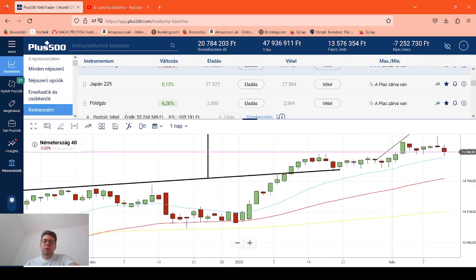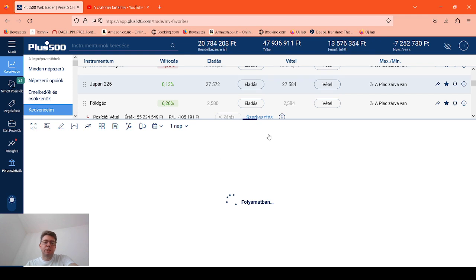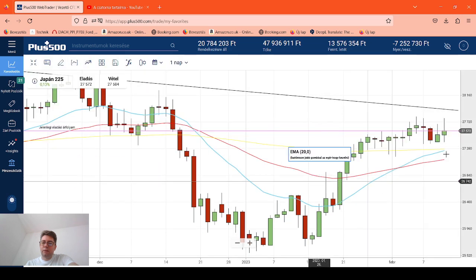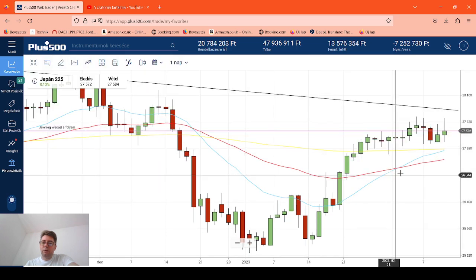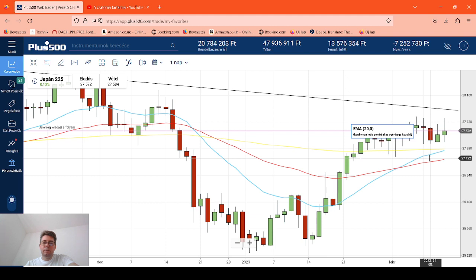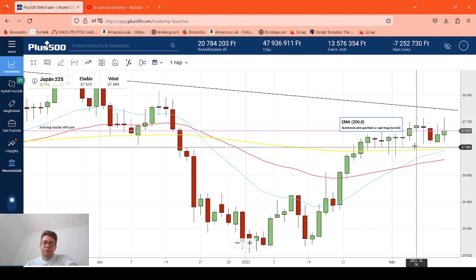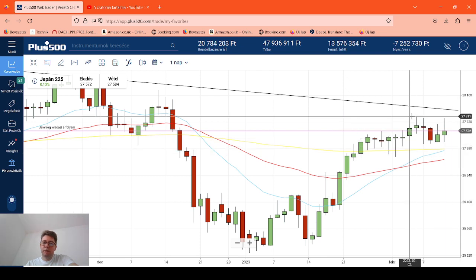Okay, let's go over to Japan. This is Nikkei, the Japanese index daily chart. Now let's see what's happening here. We had this golden cross, and yeah, we built a low here.